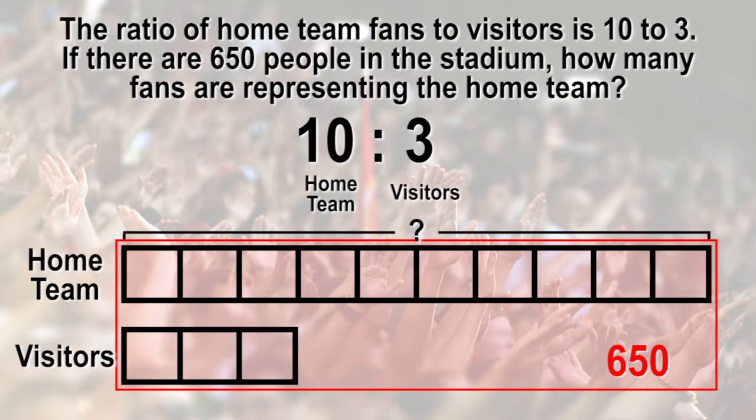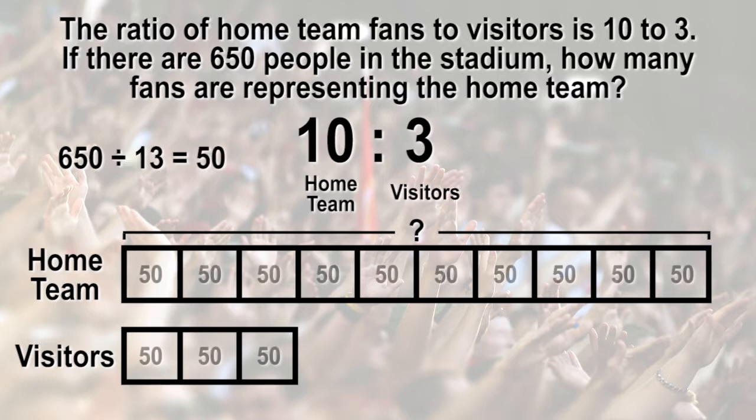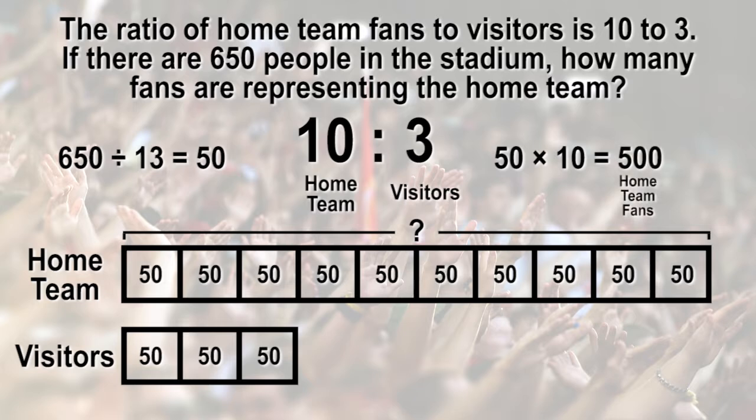There are 13 total boxes between the home team fans and visitors, so what is the value of 1 unit? To find 1 unit, we need to divide 650 by 13, which makes each unit 50. By filling in the unit value on our tape diagram for each box, we can see that the number of home team fans is 50 times 10, or 500.